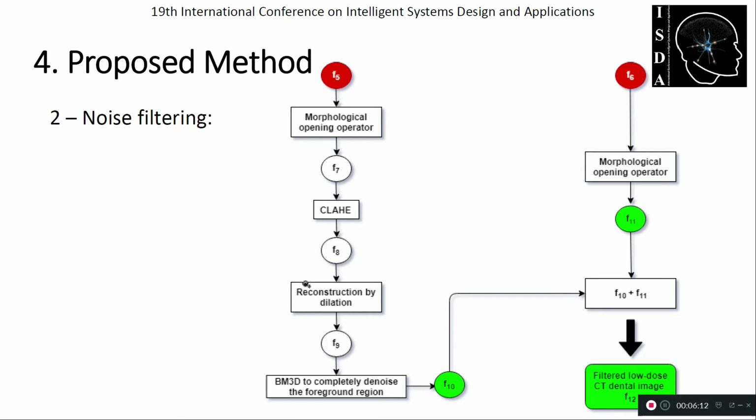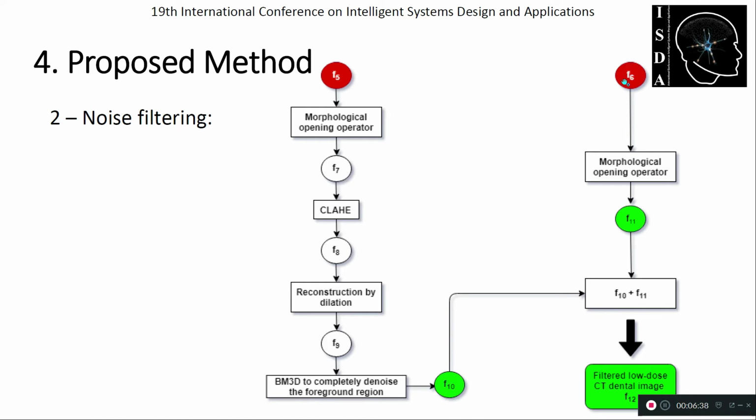Afterwards, we apply a reconstruction by dilation in order to restore the degraded components affected by the morphological opening operator. And to completely denoise the foreground region, we apply a BM3D filtering technique, from which we obtain F10, which is our noise-free foreground region.